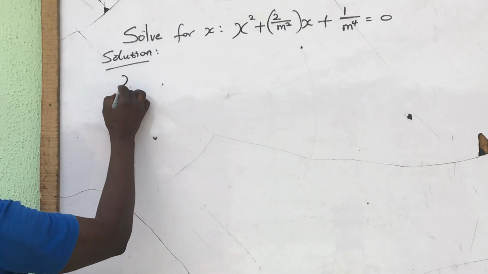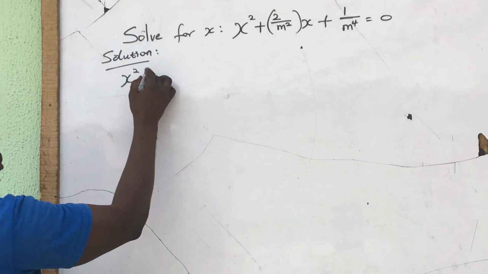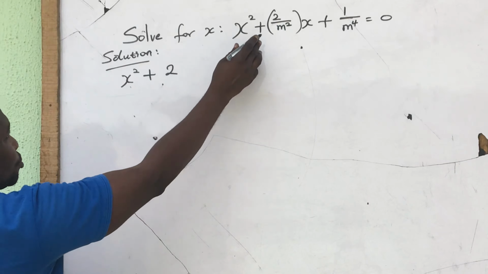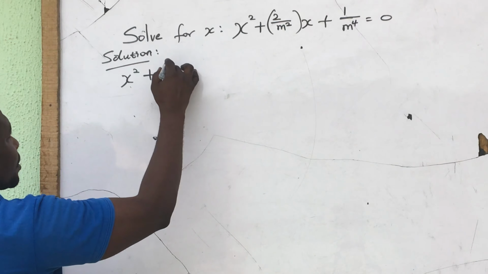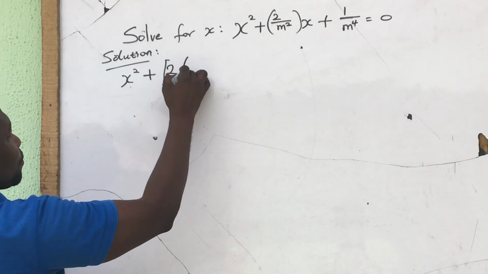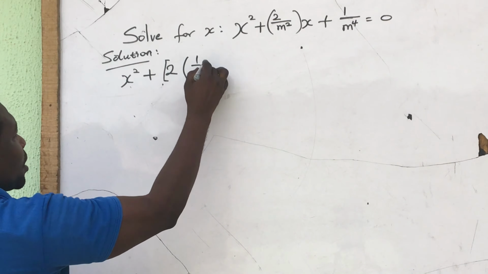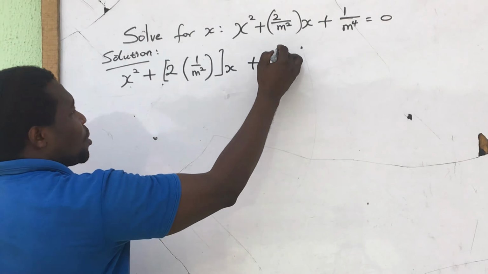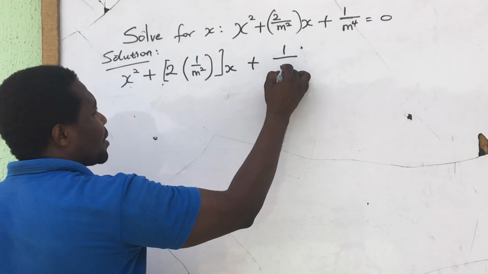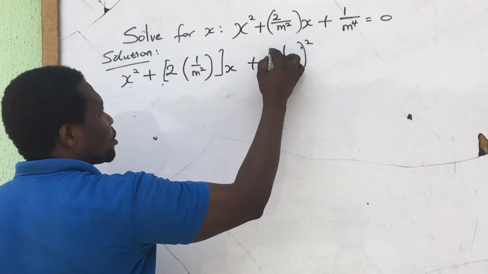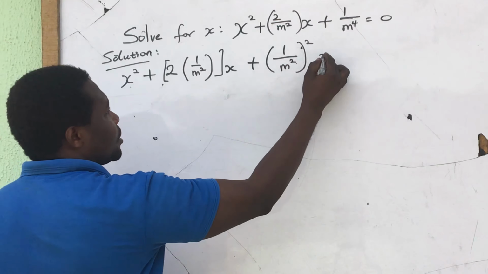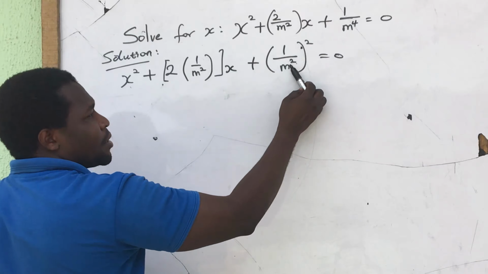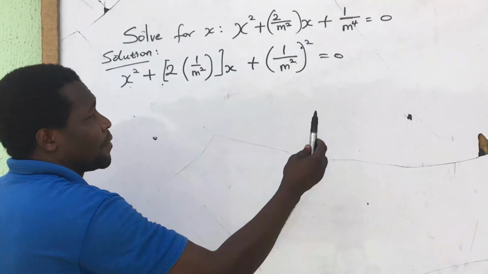That's x squared plus 2 into 1 over m squared x plus 1 over m squared raised to power 2 equals 0, because 1 raised to power 2 is 1, while m squared raised to power 2 is m raised to power 4.